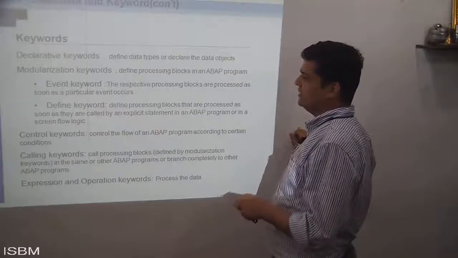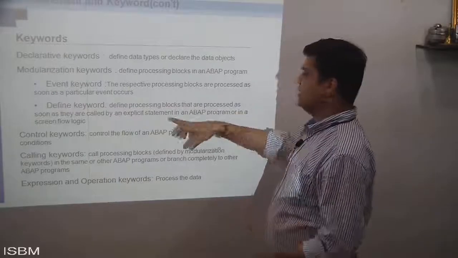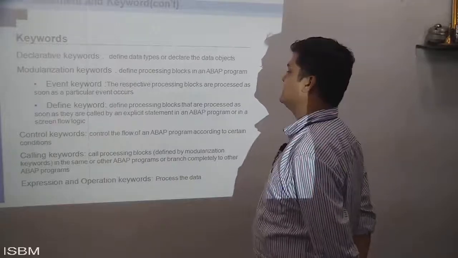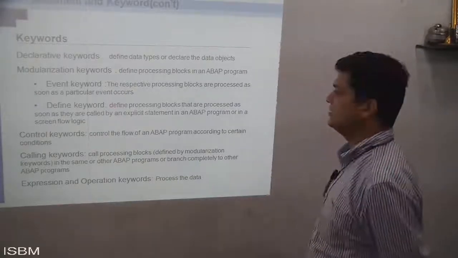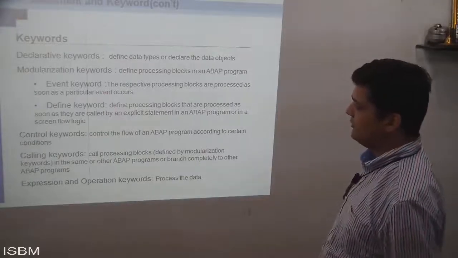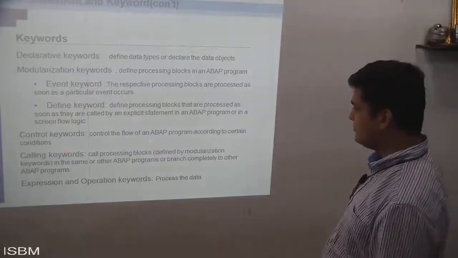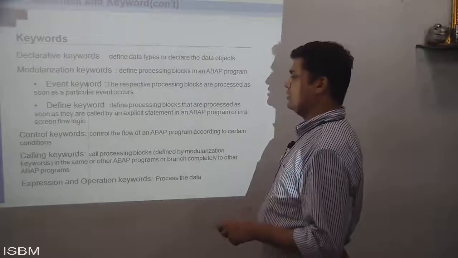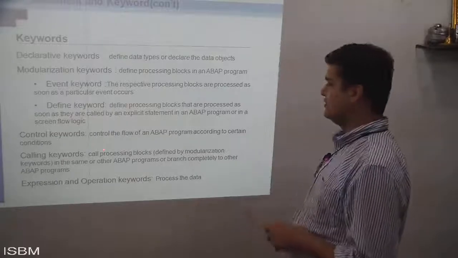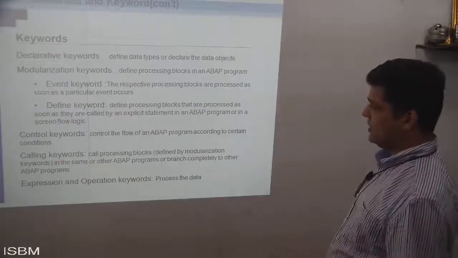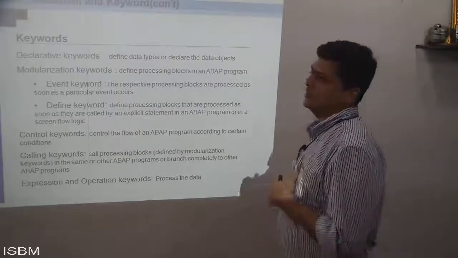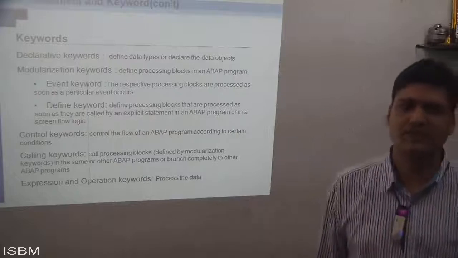Then we have define keywords in the definition, defining processing blocks that are processed when they are called by an explicit statement in an ABAP program or in the screen flow logic. Then we have control keywords to control the flow of the program. Then calling keywords, basically used to call modularization units and function modules. Then we have expression and operation keywords to process the data. These are some keywords.